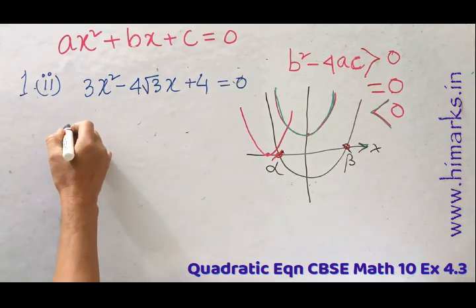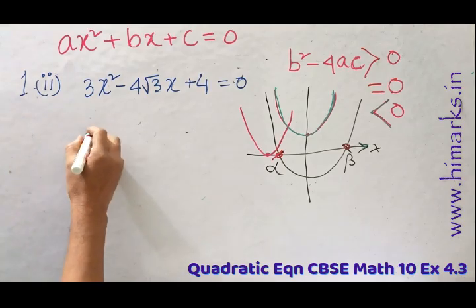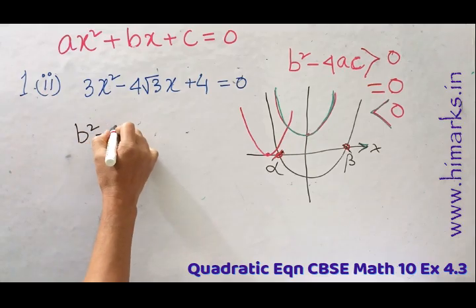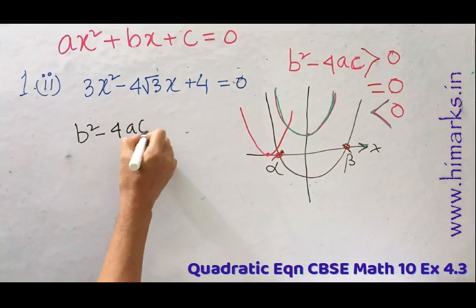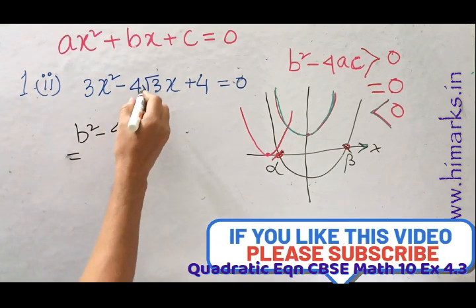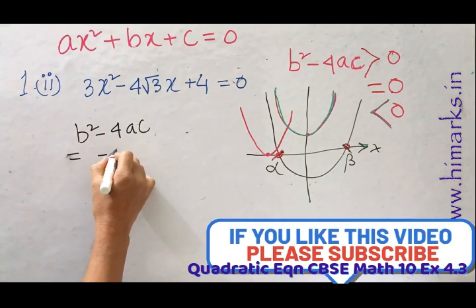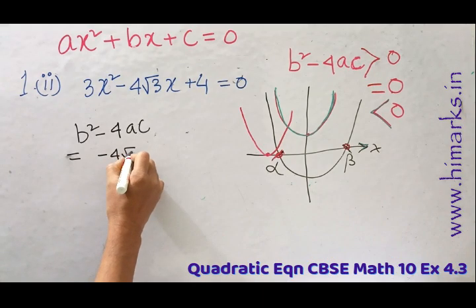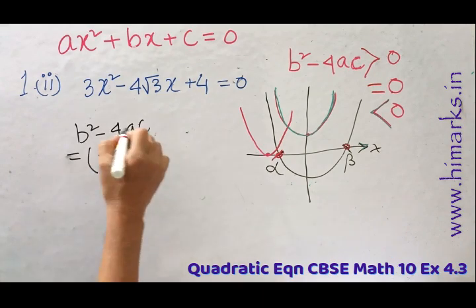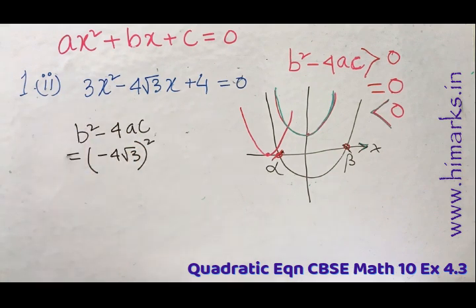So here we find b square minus 4ac, which is called the discriminant. So what is b here? Minus 4 root 3. You have to write it with its sign, plus or minus. Plus you don't write, but if it is minus you have to write it.